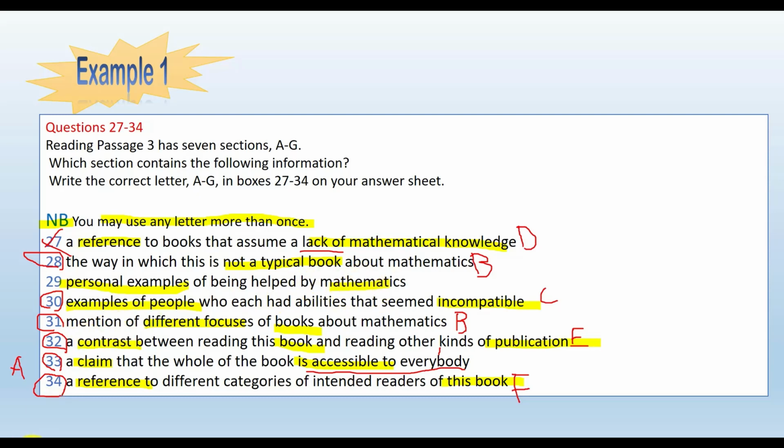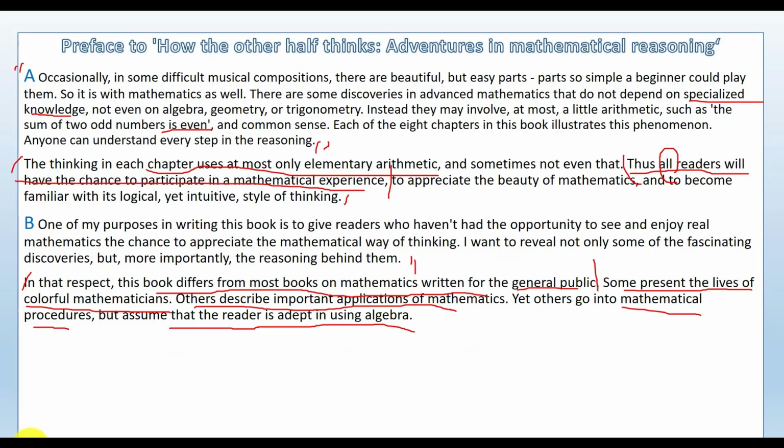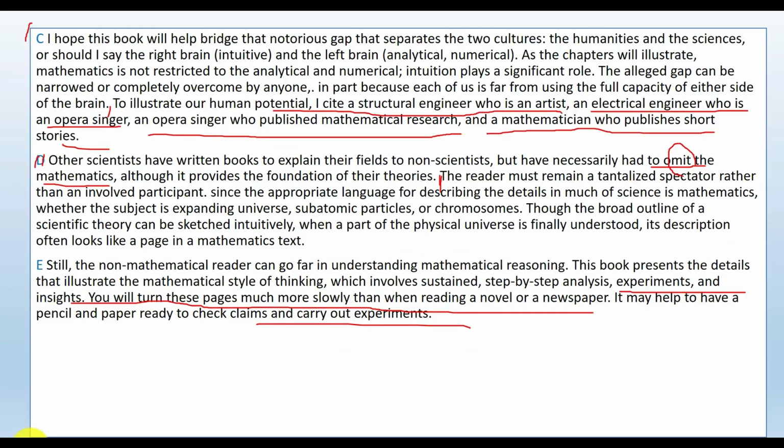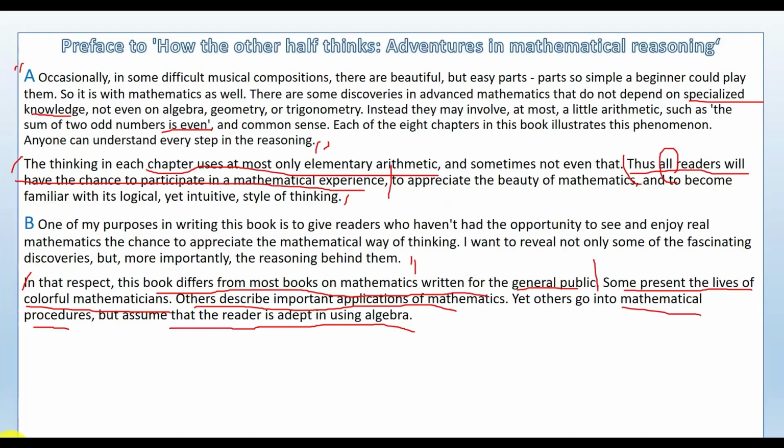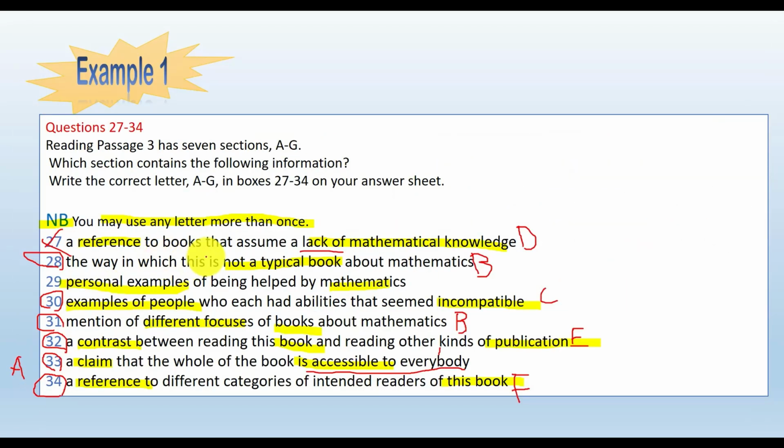In this case, you're just going to check the answer in just a few seconds and answer the questions directly, okay? As a physician wrote, the discipline of analytical thought process in mathematics prepared me extremely well for medical school. A lawyer made the same point. Okay, so it's by different people, and you can just write G, personal examples of being helped by mathematics.